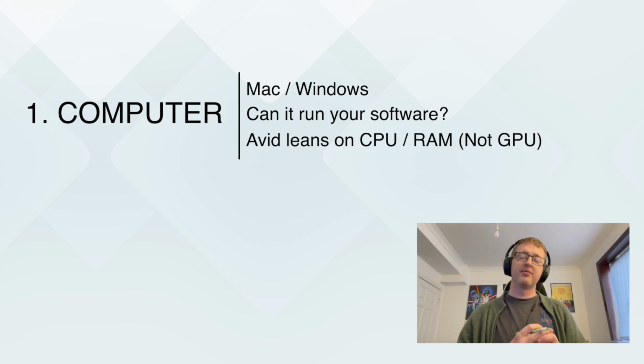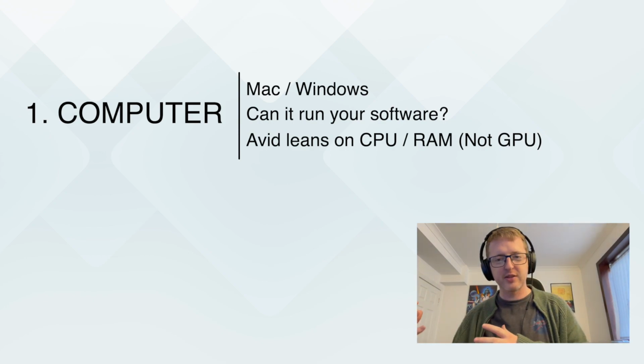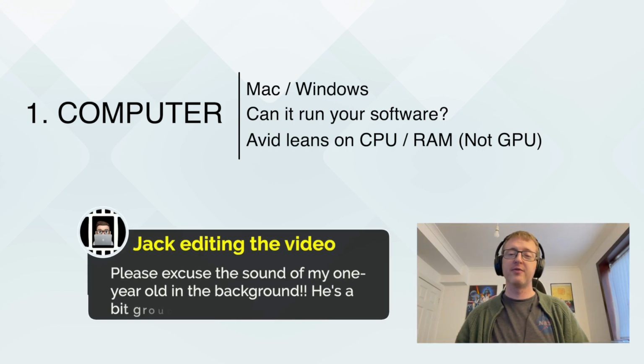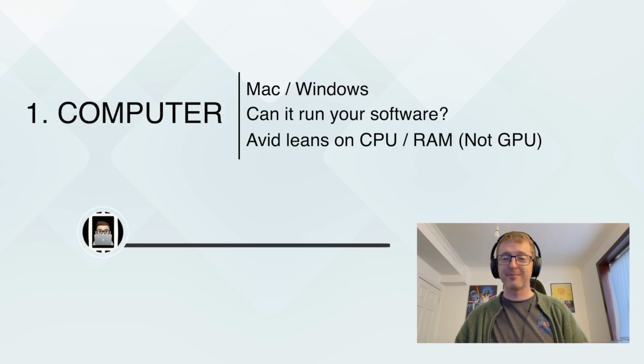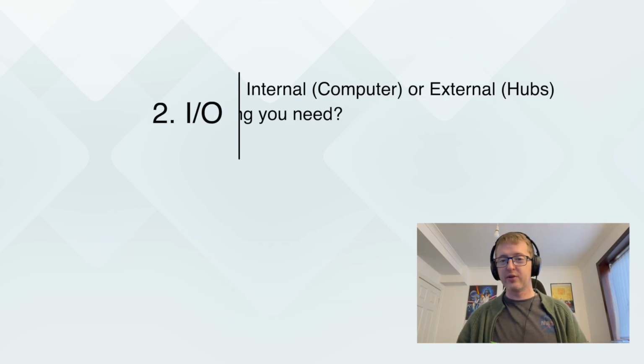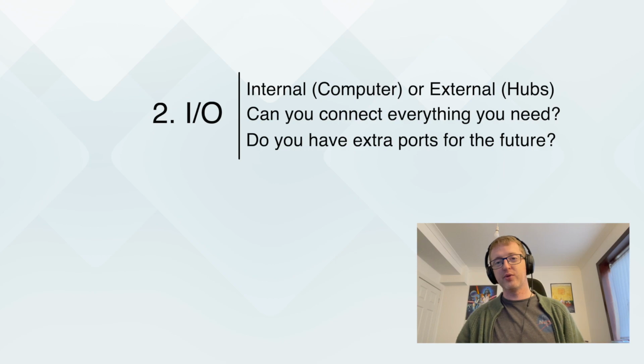If you're running stuff like Premiere or DaVinci as well, then you might also want a decent, high-end graphics card, but Avid itself does not utilize hardware acceleration, so if you're just using Avid, that's not something you really need to consider. Another thing you'll want to look into is I/O.